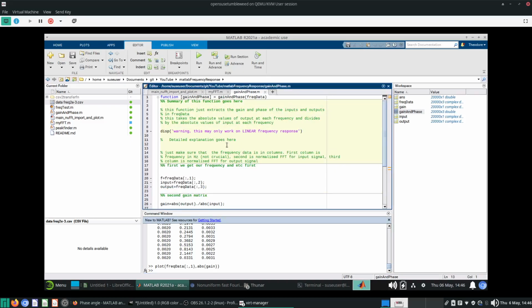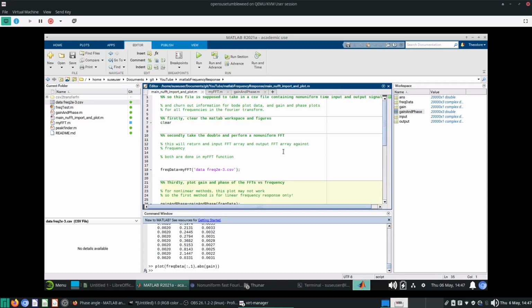Now, how are you supposed to do it manually? If you are doing it manually, you have to know all your input frequencies. But is there a way to automate this? The answer is yes.